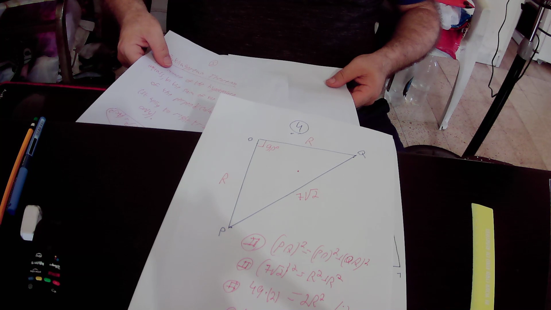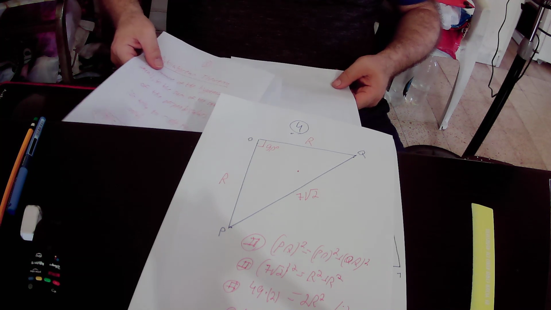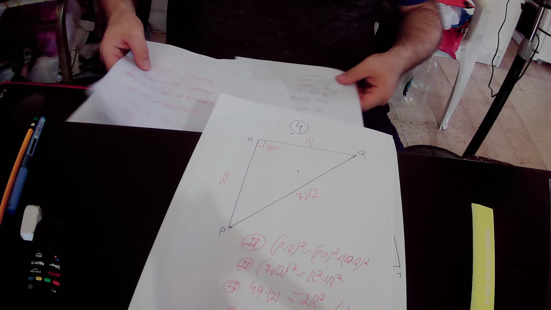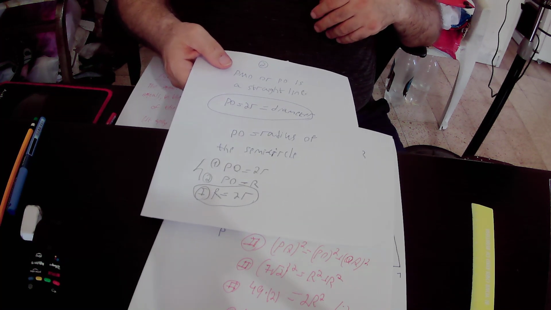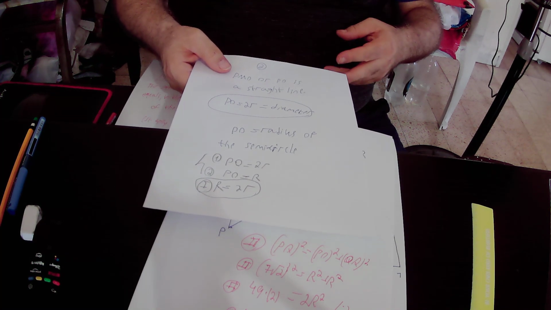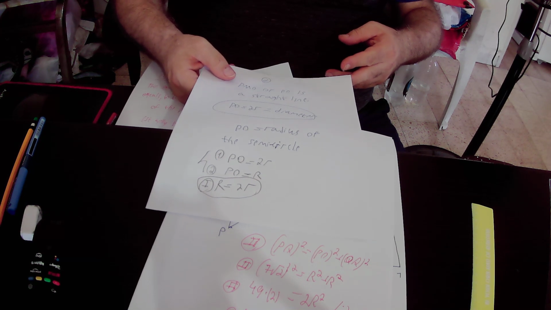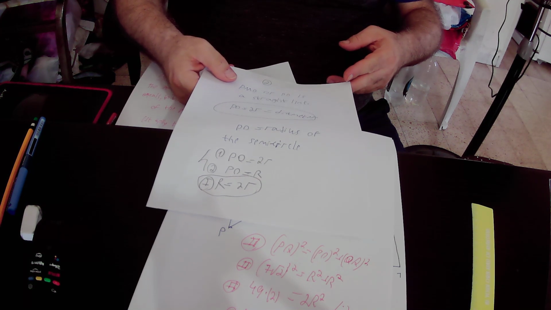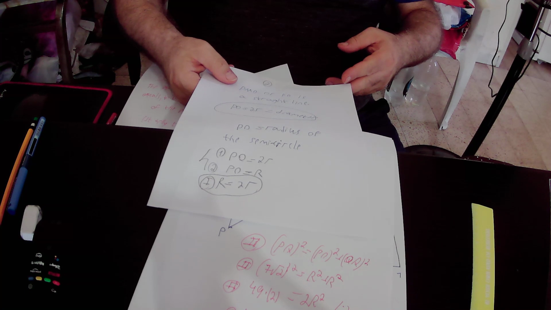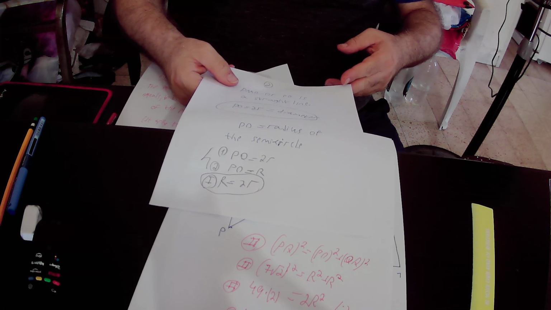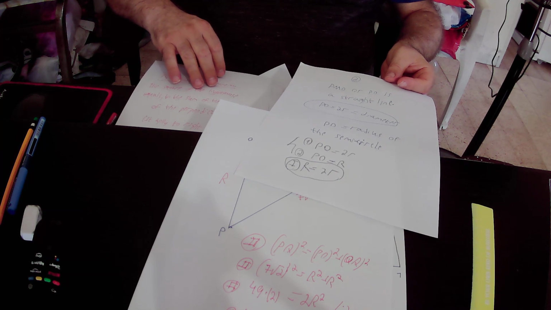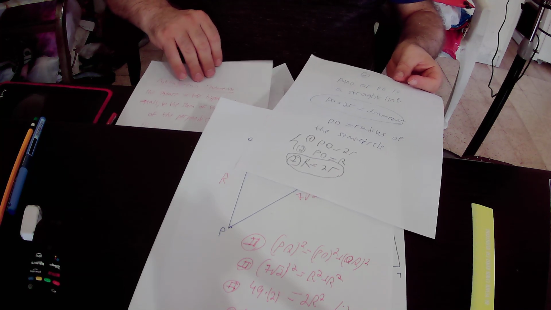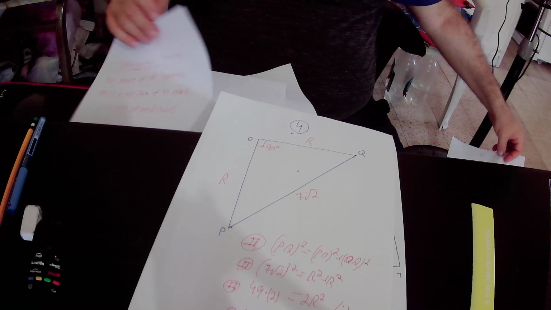we know that capital R equals 2 times small r. So from one side R equals 7 units, and from the other side we know that R equals 2 times r.